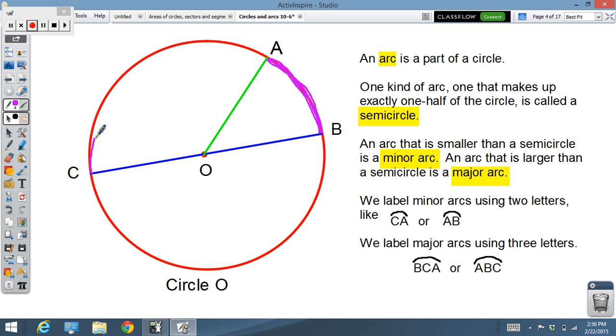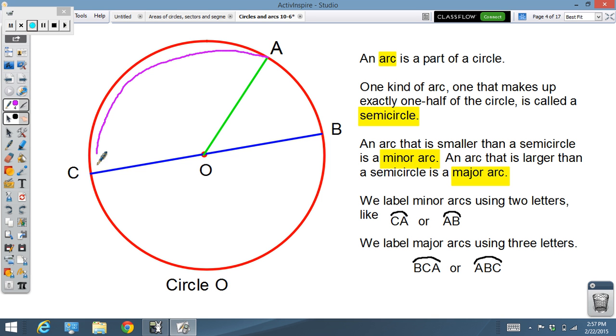A semicircle is an arc that covers half of a circle. In other words, the endpoints of the arc of a semicircle are on a diameter. So a semicircle is half of a circle, and a minor arc like AB is less than a semicircle. Okay, a major arc is more than a semicircle.